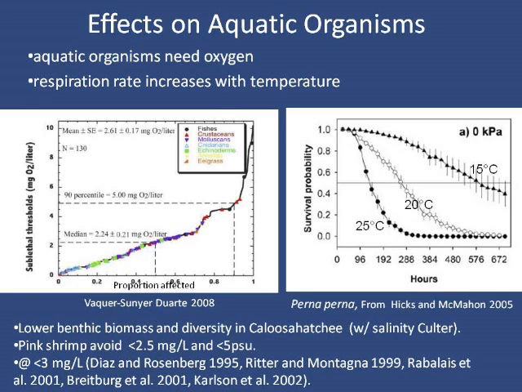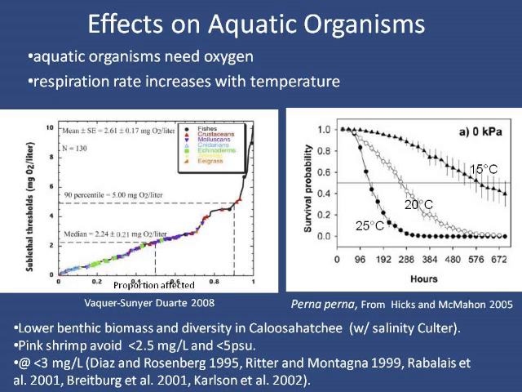The reason hypoxia is worse in Florida is because our temperatures are higher. The temperatures cause more respiration and greater demand for oxygen, so the 2 milligram per liter level is really insufficient to use as a standard for Florida system hypoxia.